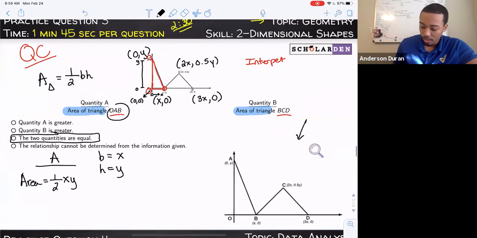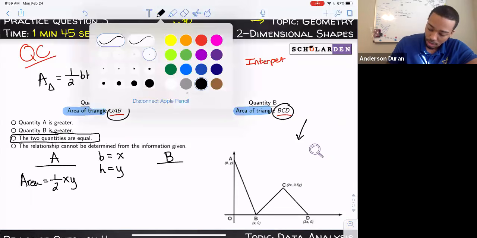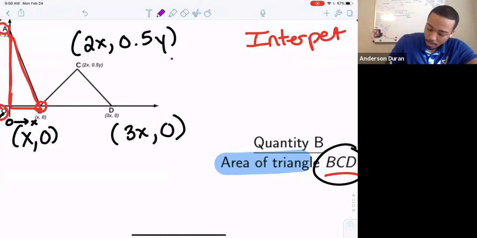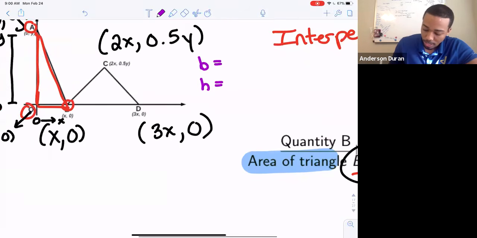Now, let's take a look at quantity B. For triangle BCD, we will need to determine the base and the height, and I'll use a different color here, purple. Let's take a look at the base first.